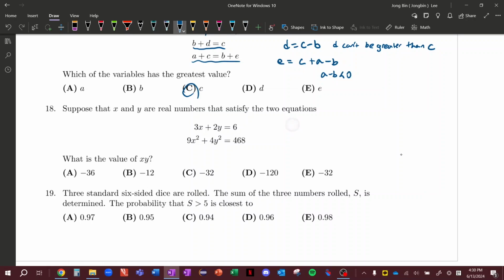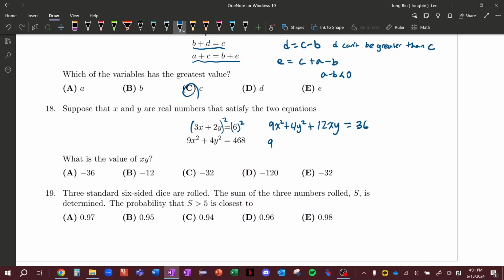So let's square these equations to make it similar to the second equation. If we square this, we get 9x squared plus 4y squared plus 3 times 2 times 2, so 12xy, which is equal to 36.